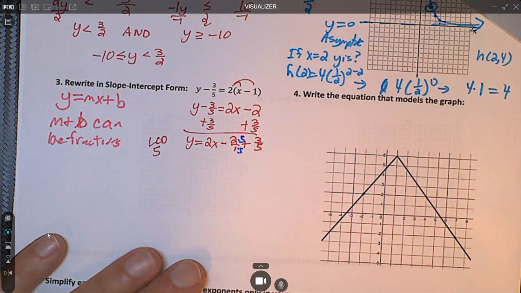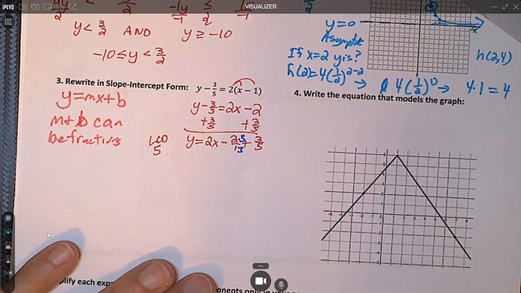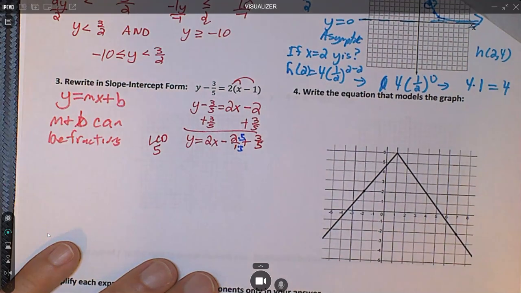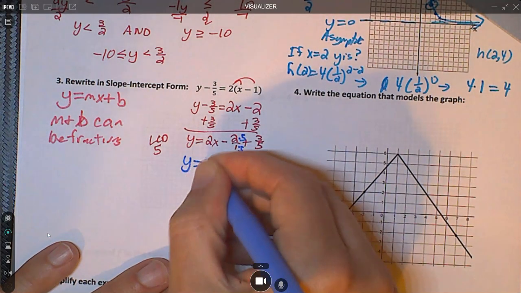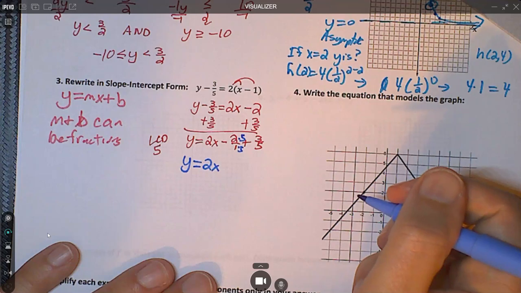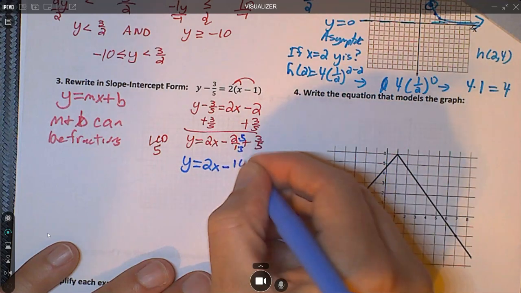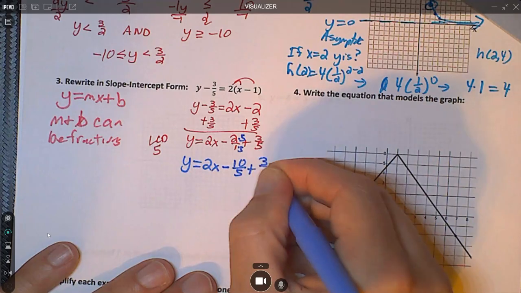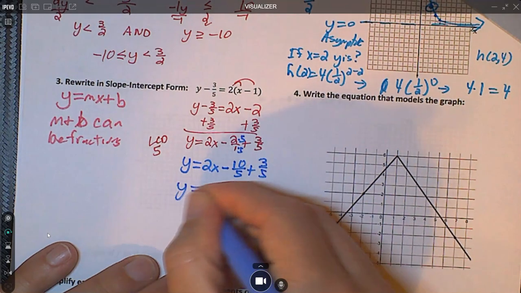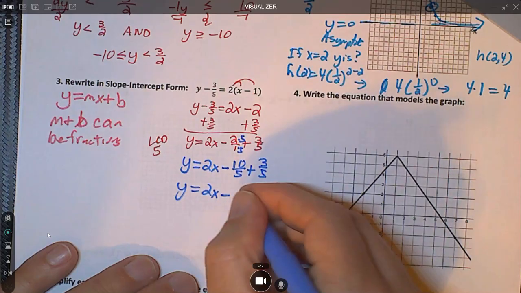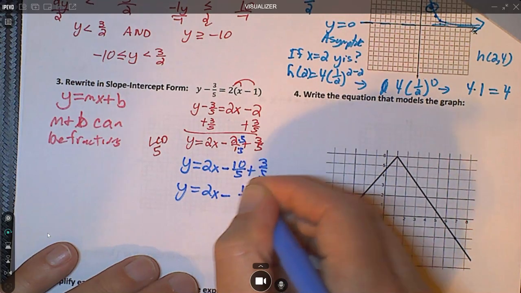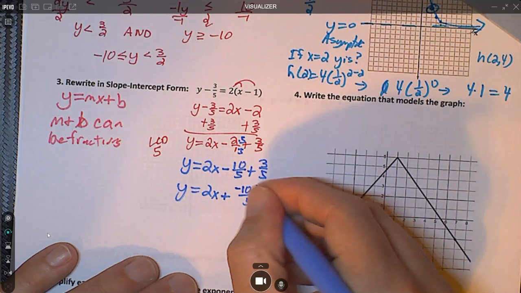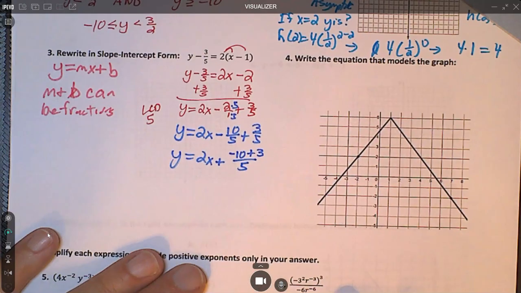So we're writing an equivalent number for 2, which would be what? Okay, so here, now I go y equals 2x minus 10/5 plus 3/5. All right, too many steps, but this is a technical definition of what we're doing.